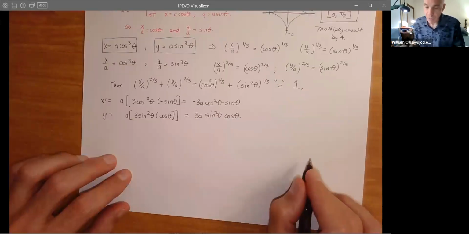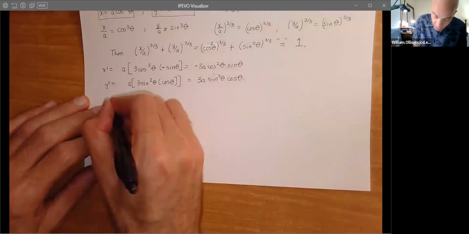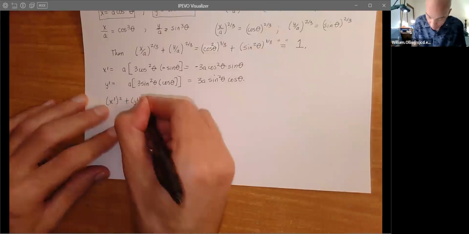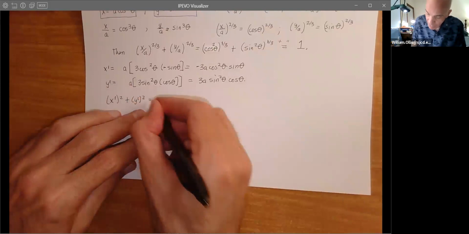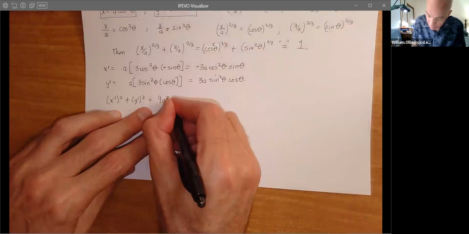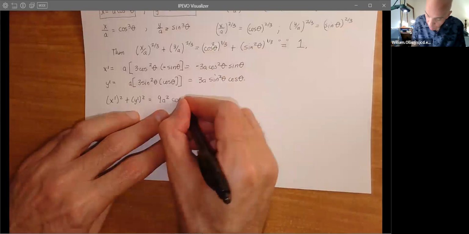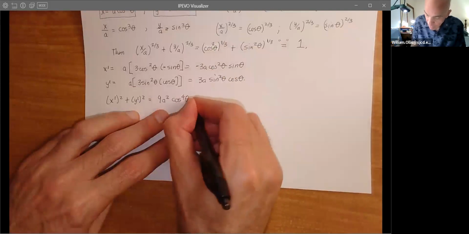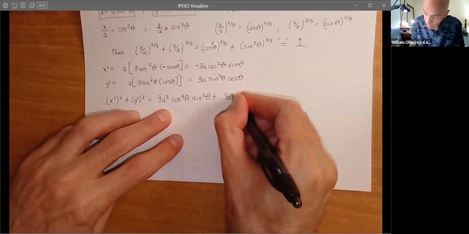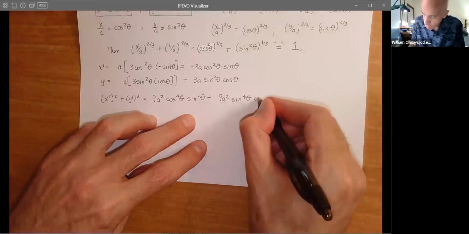Now we need x prime squared plus y prime squared. That will now be, let's see, we'll square this out. So we'll get a 9a squared out of both of them: cosine to the 4th sine squared plus 9a squared sine to the 4th cosine squared.